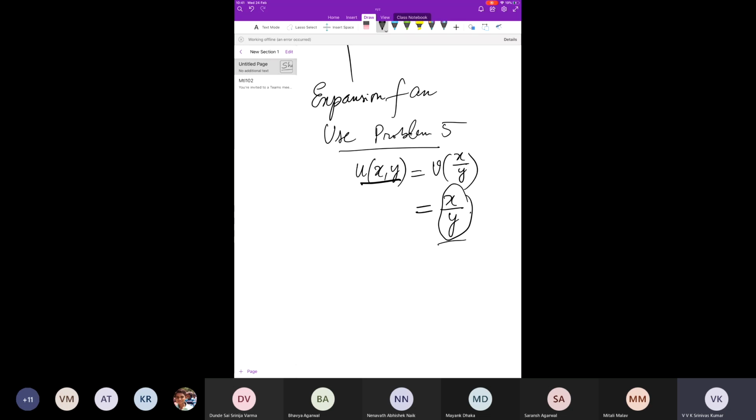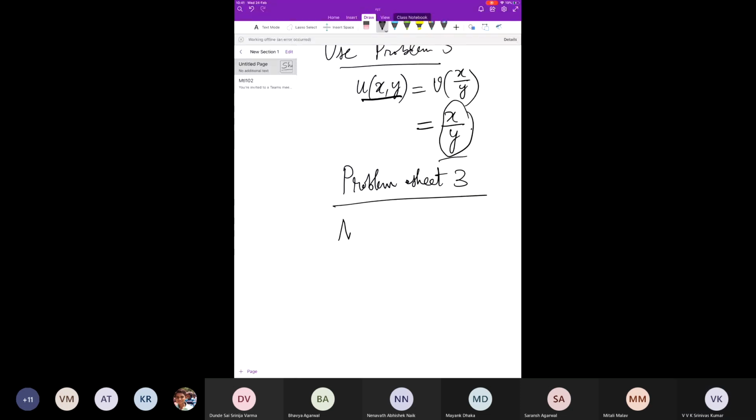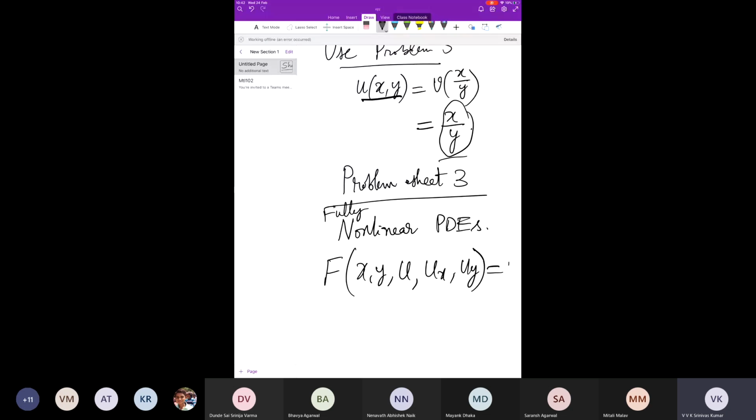Now coming to problem sheet 3. See, this is based entirely on non-linear PDEs, that is, fully non-linear: a function of x, y, u, ux, uy equal to 0.